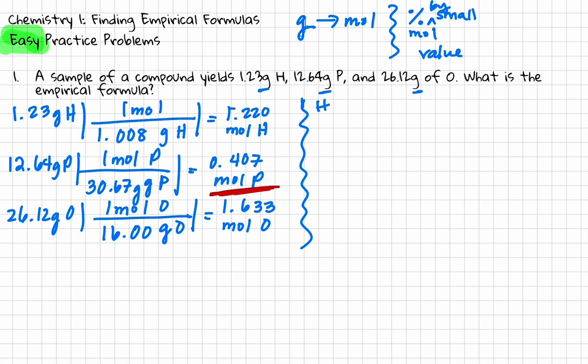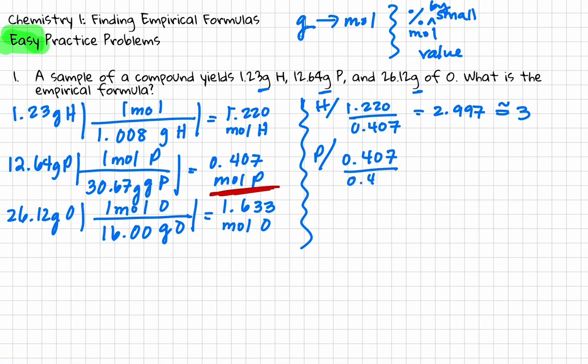So we have hydrogen, 1.220 divided by 0.407. That comes out to 2.997, which is approximate to 3. Then we have phosphorus, 0.407 divided by itself, 1.